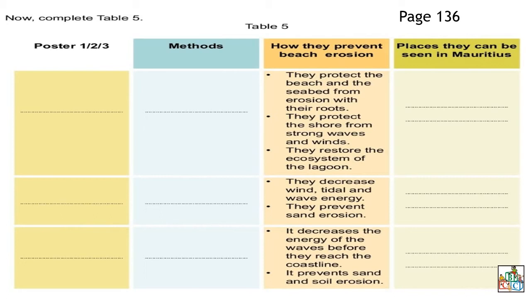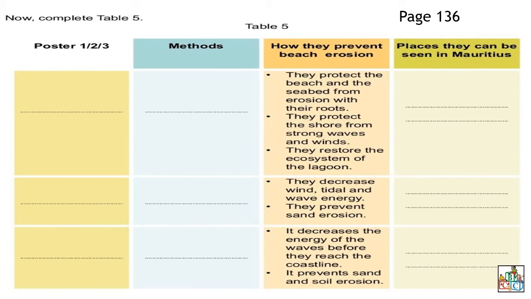So you're going to write the method is mangroves, because mangroves protect the beach from erosion with their strong roots, and also protect the beach against strong waves.